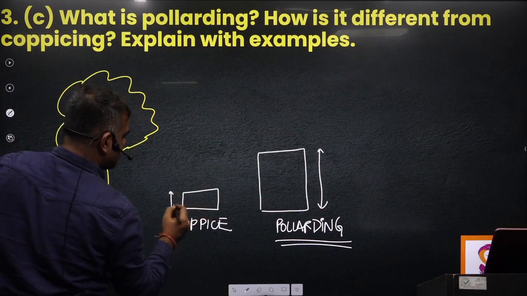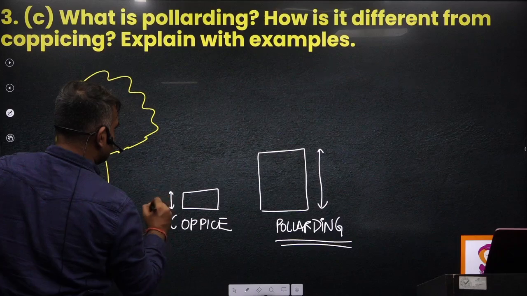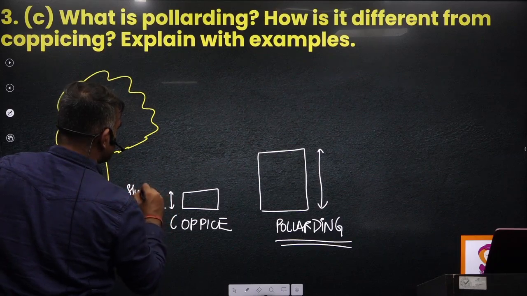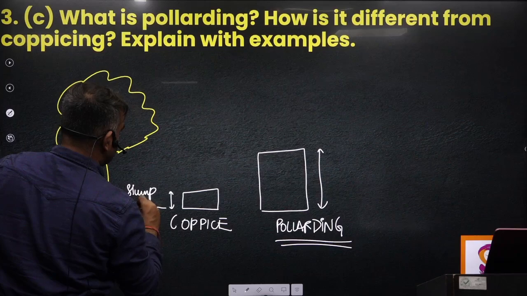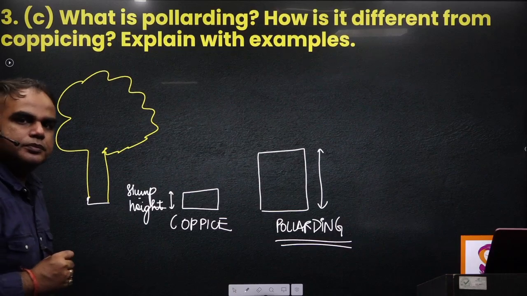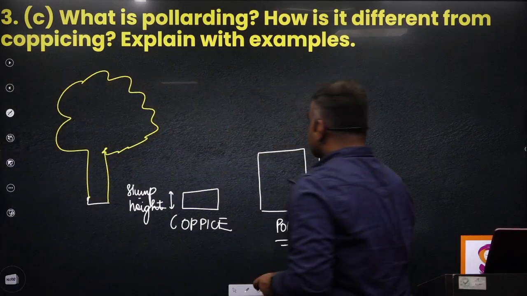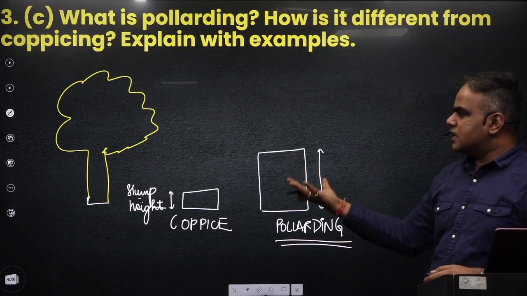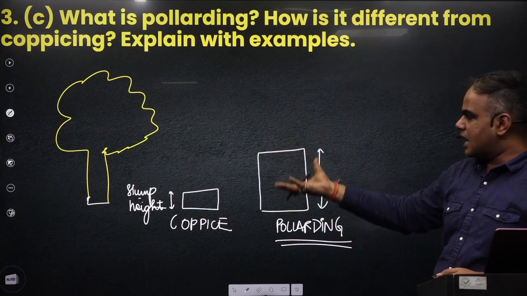So this is the base, this is the stump. If I write down the stump height, the main difference is going to come in this part. Whereas in case of pollarding, of course, as you can see, it is going to be higher, or let's say the height is going to be more.